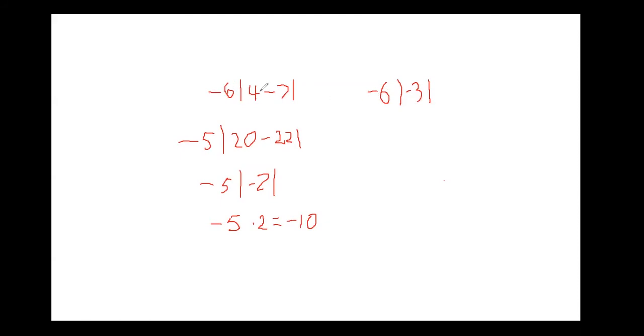So we have -6 times the absolute value of -3. So I think most of you can do 6 times 3 in your head, okay? And if nothing else, you have it on your calculator. Good, I see a lot of participation. Now, a negative times a negative would normally be 18, but because we have an absolute value, that gets rid of the negative. So it's going to be -6 times 3. All right, let's see how everybody did.